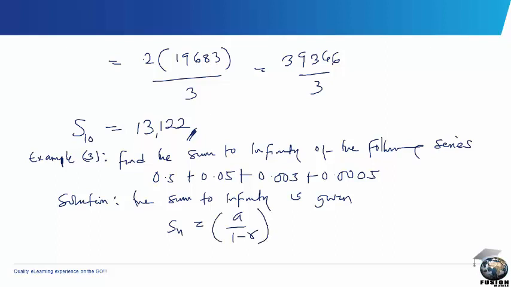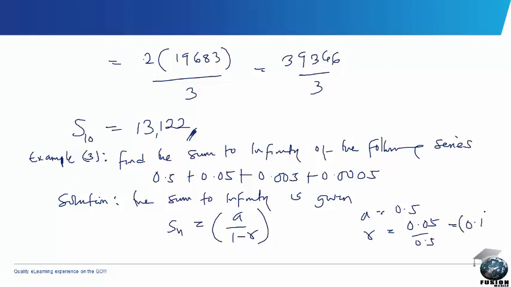Looking at this equation, a is equal to 0.5, and then for r, I'll use the first term: r is equal to 0.05 over 0.5. 0.05 divided by 0.5 gives us 0.1.